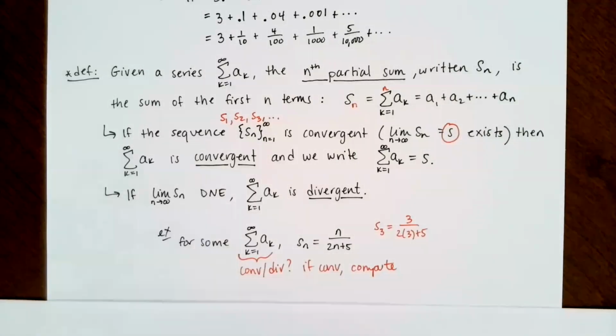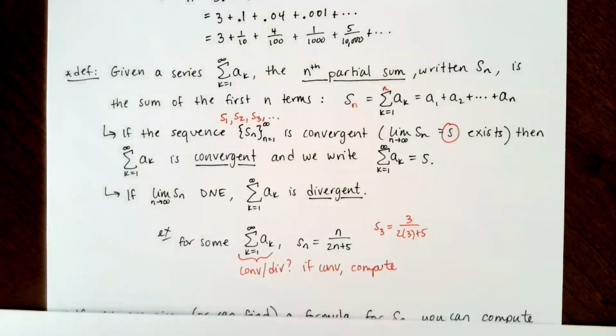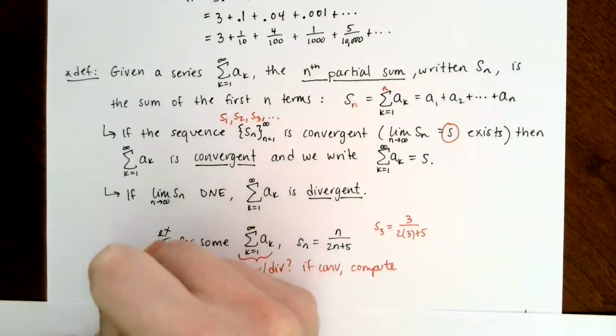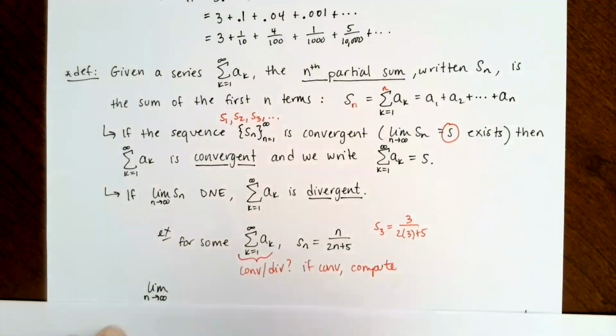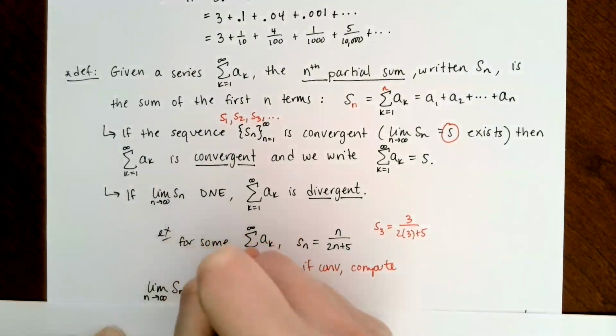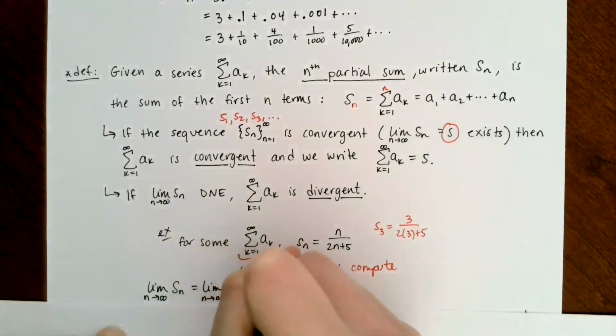At this point, the only move that we know how to do is to look at the limit of this sequence of partial sums. So we are going to look at the limit as n approaches infinity of the S_n formula. I'll make this 2 separate steps. So that is n over 2n plus 5.